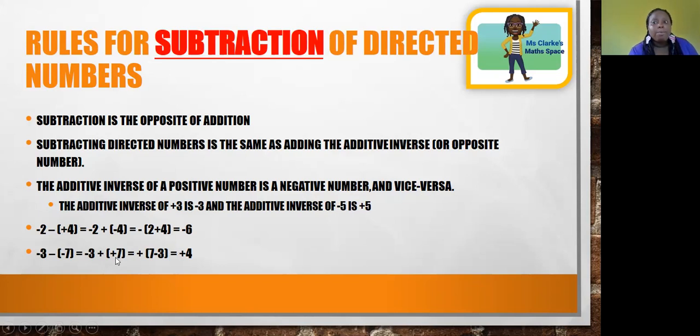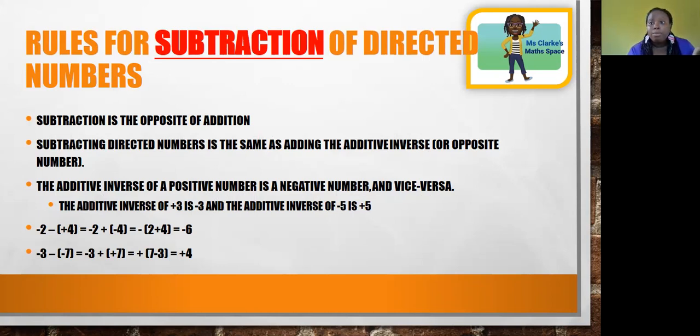So now we have to follow the rules of addition of directed numbers. We have 2 different signs: negative 3 and positive 7.